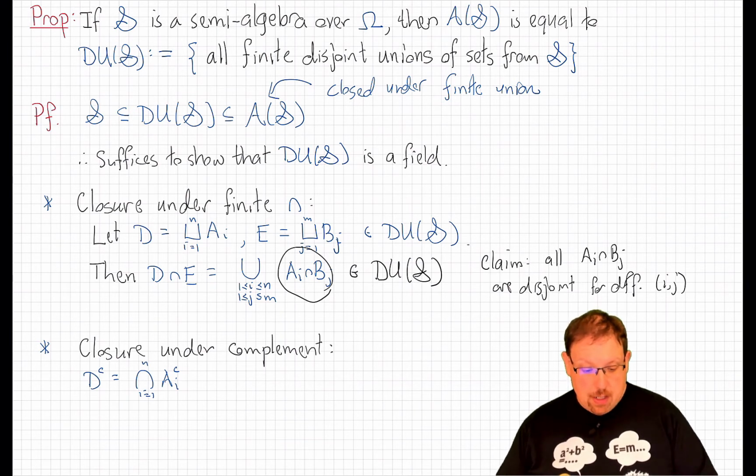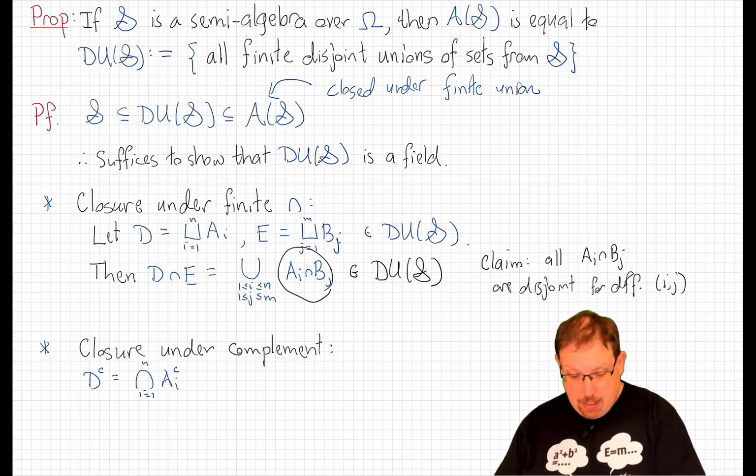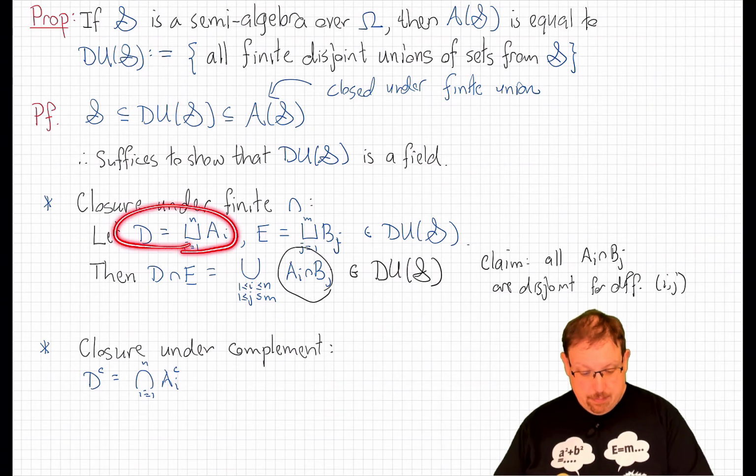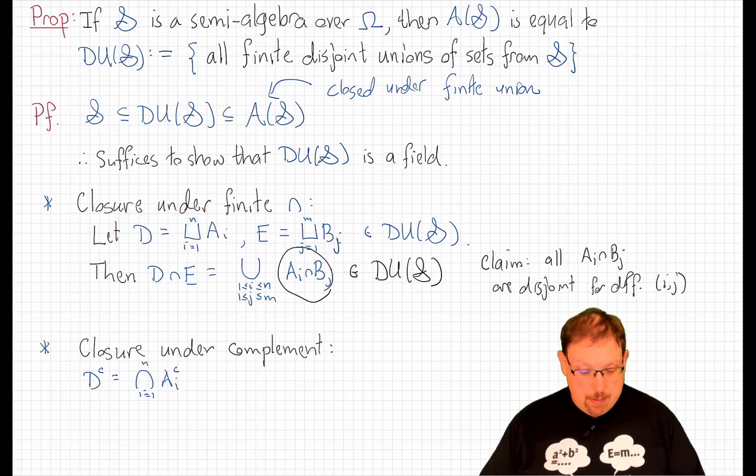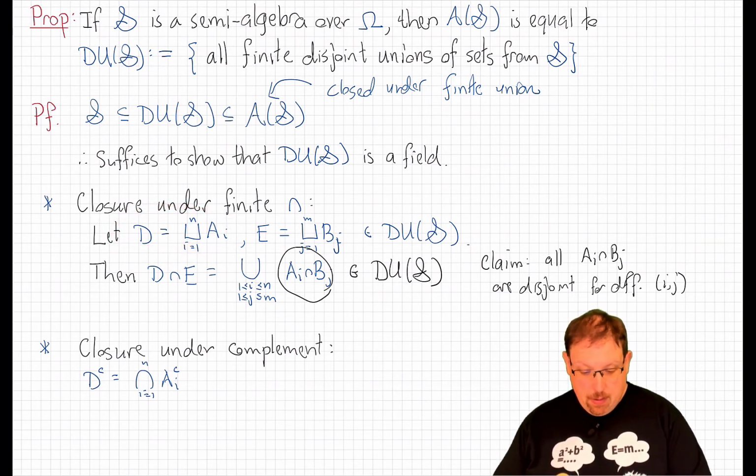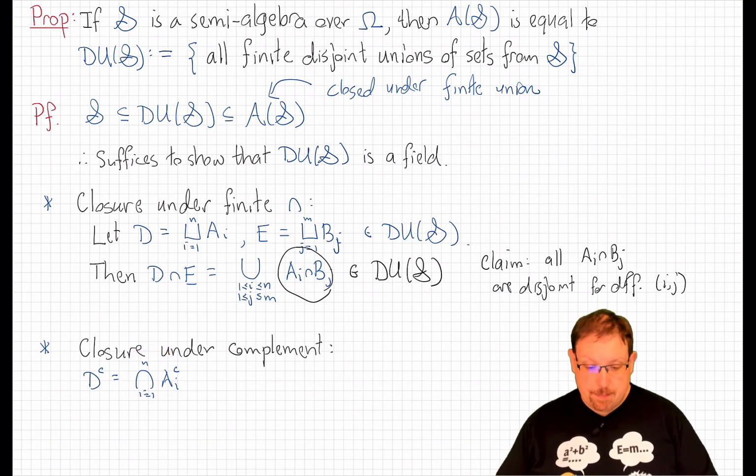To show that it is a field, we need to show that it is closed under complements as well. And for that, let's take our arbitrary element D and look at its complement. The complement of D, which is a union, is an intersection of the complements.